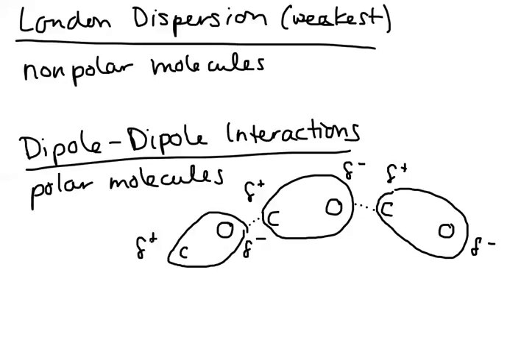Just like if you lined up magnets, you would have one end positive and the next negative, positive, negative, so that they attract each other.